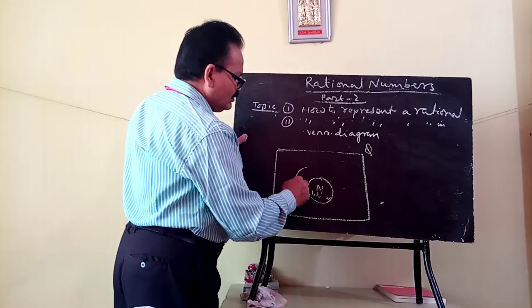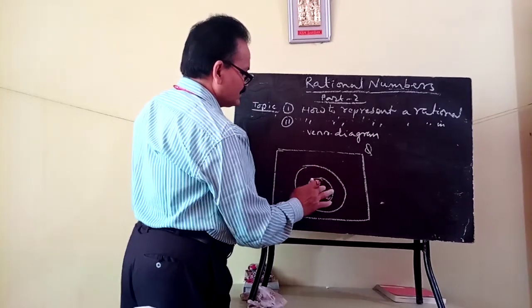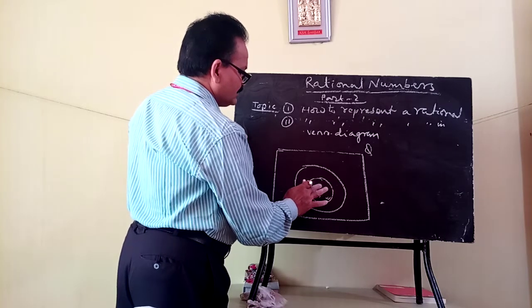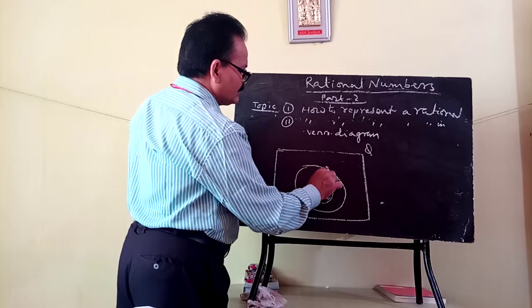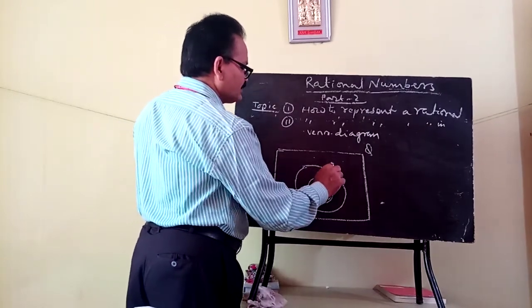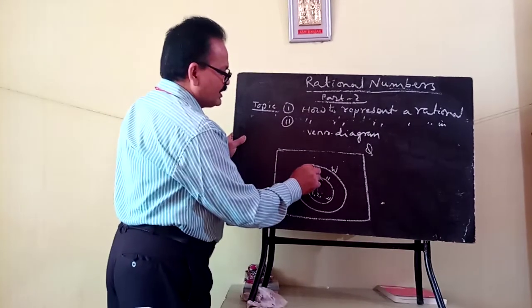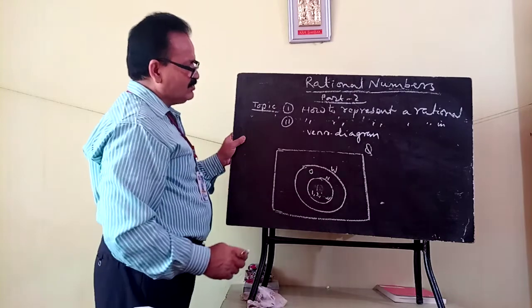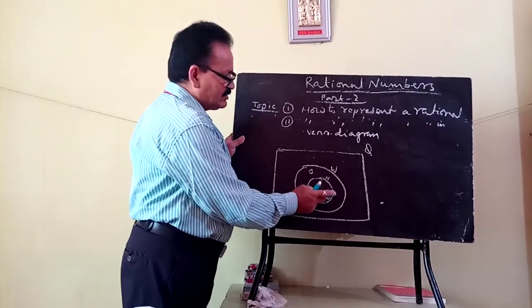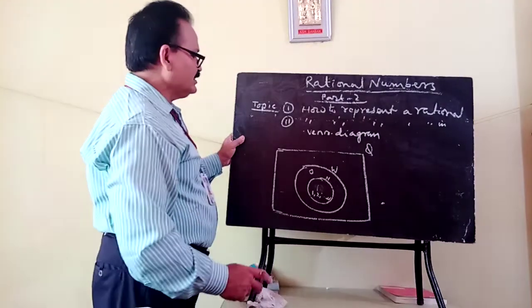Now all whole numbers, this natural number can be written here also, and all whole numbers, this is your W. Whole numbers, apart from natural, one element 0 is there in the whole number, and all the natural numbers are also included in this whole number.